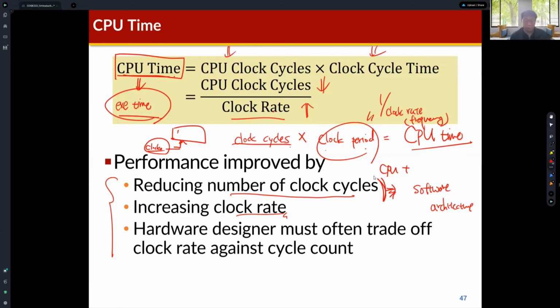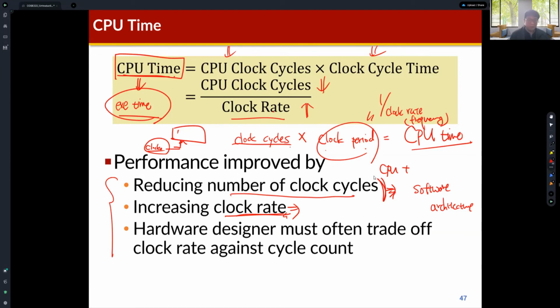How about the clock rate? Clock rate is determined by clock speed, and then the clock frequency.